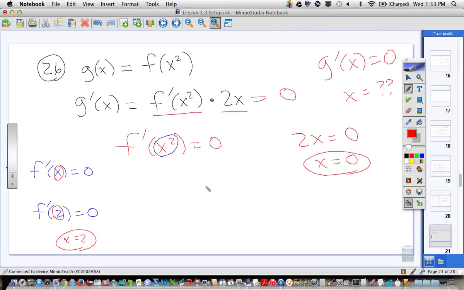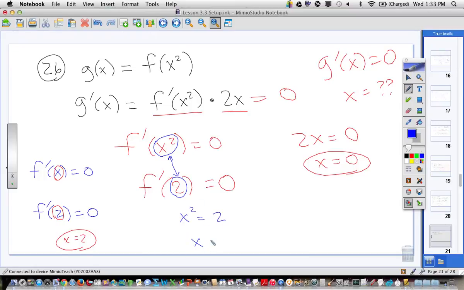So you guys just got done telling me that f prime of 2 is 0, right? On the f graph, the slope is 0 when the input is 2. So that means that this here has to be that there, right? So what's that mean? That means x squared has to equal 2.